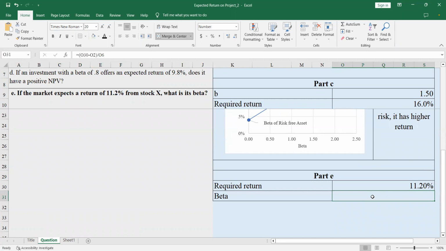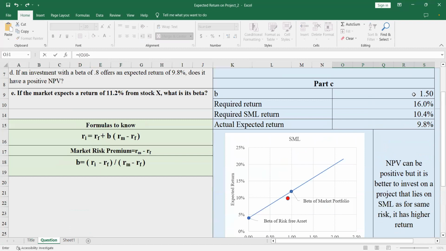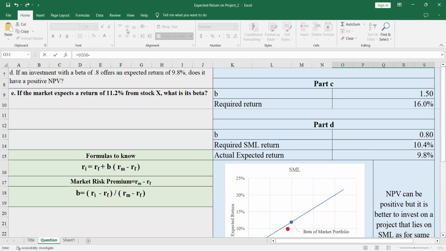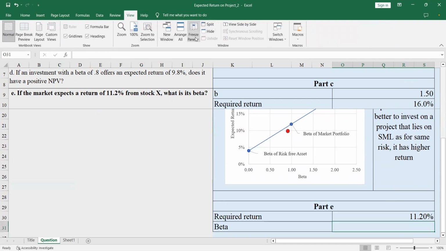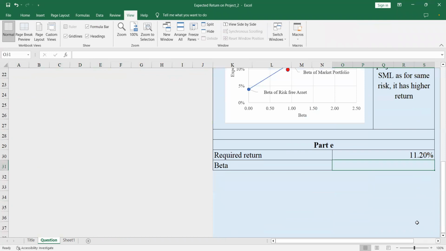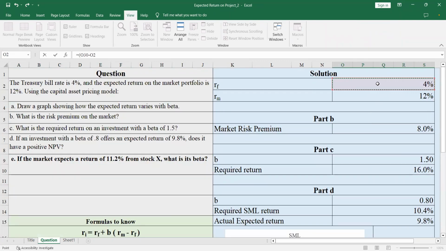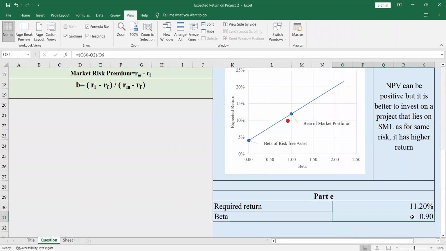To calculate this, I'm going to use the expected return on this investment minus the risk-free rate, divided by the market risk premium, and that is 0.9.